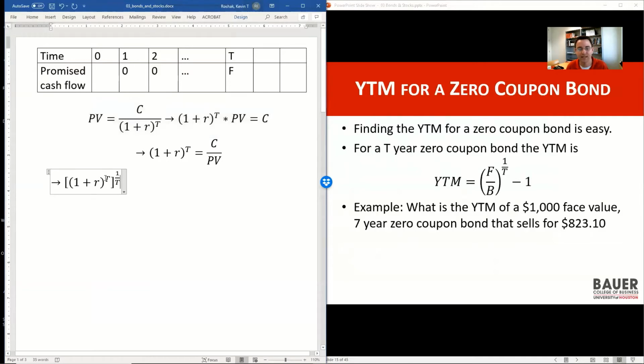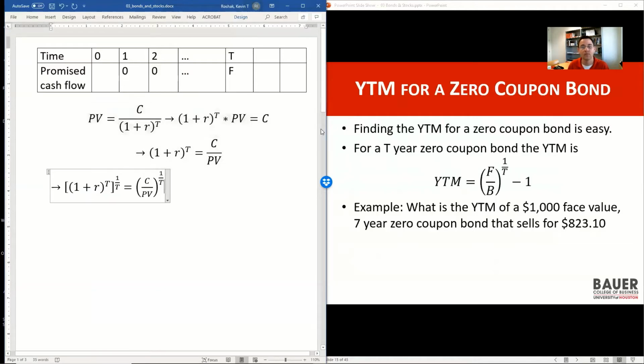What that's going to do is neutralize that T. We're going to get rid of it. It's going to be T times 1 over T, which is just 1. So we're going to be able to get rid of that T on the left-hand side. And that's going to equal C divided by the present value, also raised to the 1 over T.